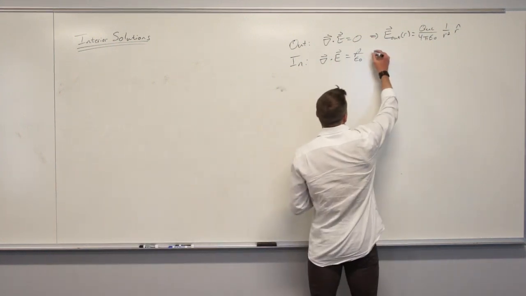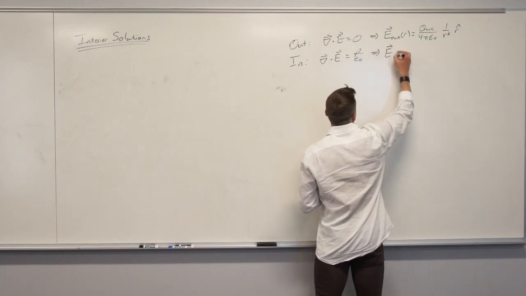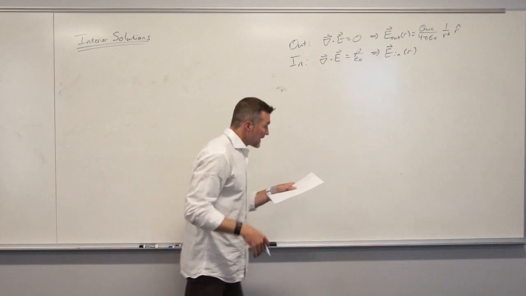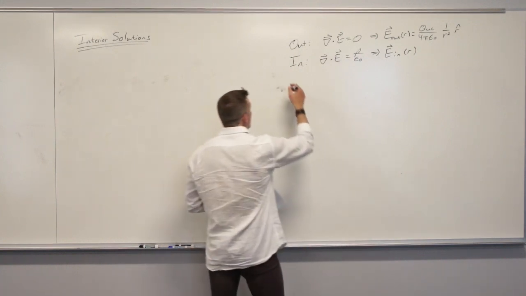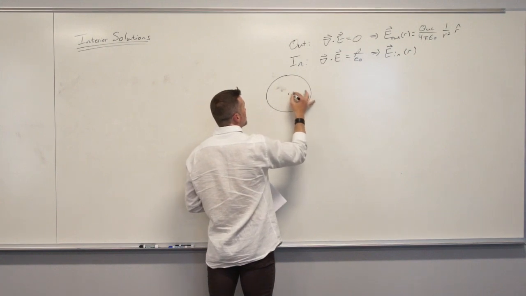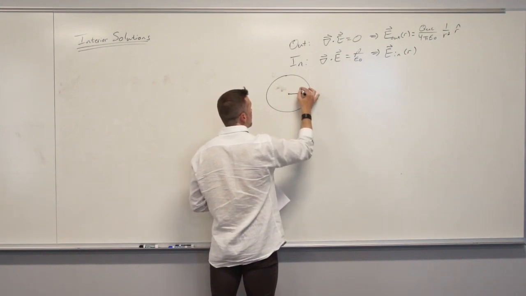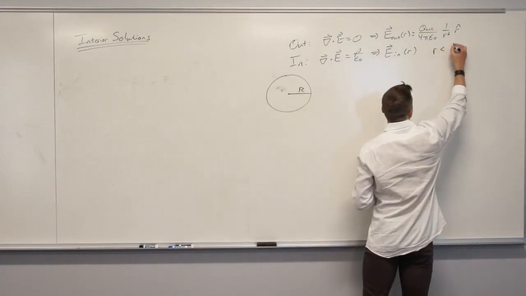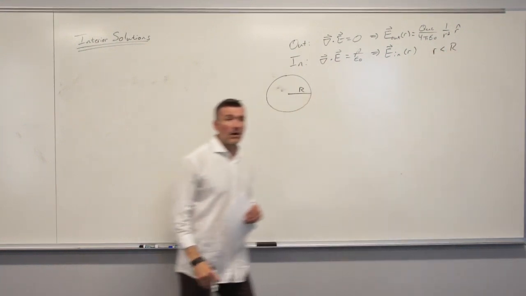So we want to find the interior version of this solution, and again, assume spherical symmetry. To set this up, I'm going to assume that my object has an overall radius of capital R. So we're talking about a solution when r is less than big R.